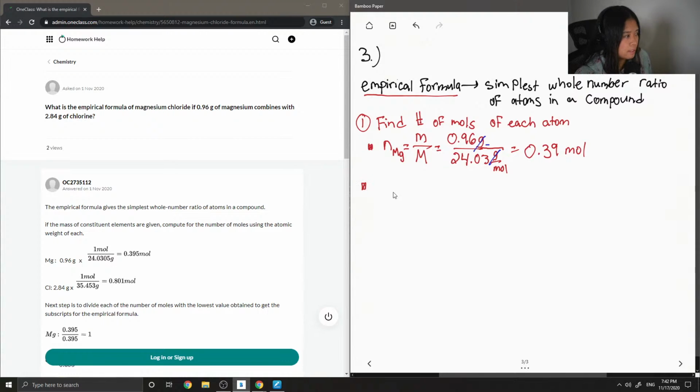We can do the same thing for the chlorine. Okay, so mass over molar mass. So chlorine's mass was 2.84 grams. And chlorine's molar mass is 35.45 grams per mole. Okay, so this gives us 0.80 moles.